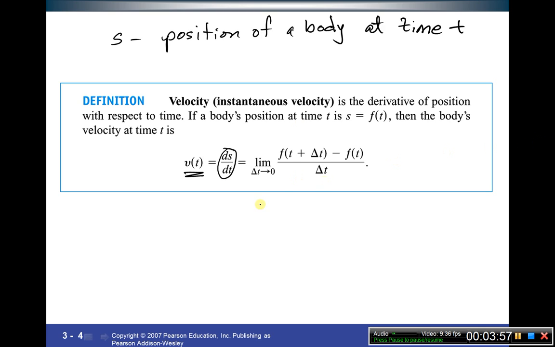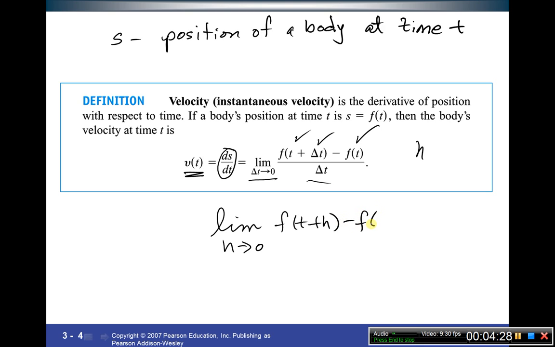As you can see, this would be the limit of f of t plus delta t minus f of t, divided by delta t, as delta t goes to 0. If you're familiar with the change in t being h, this is absolutely the same as saying the limit as h approaches 0 of f of t plus h minus f of t, divided by h, where h is just delta t.